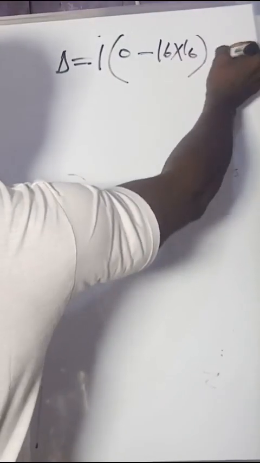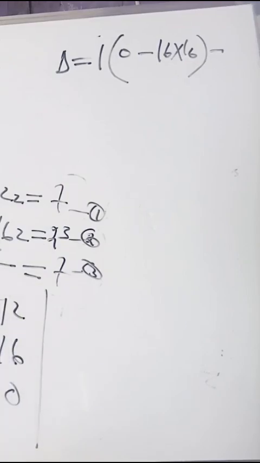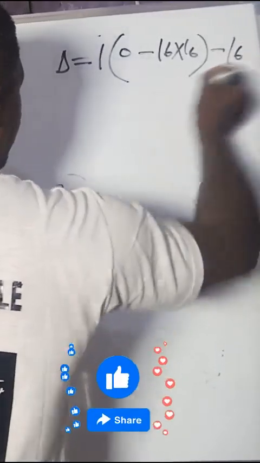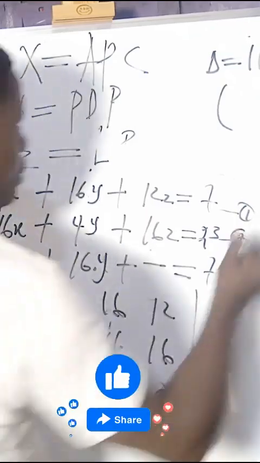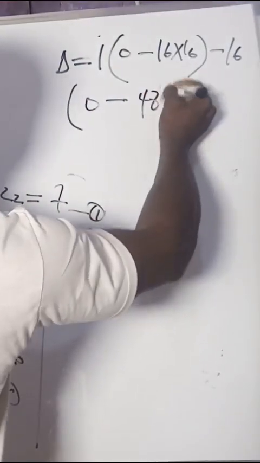Then you have minus, first row, second column, 16 into bracket, 16 times 0, that is 0, minus 16 times 3, that is 48.